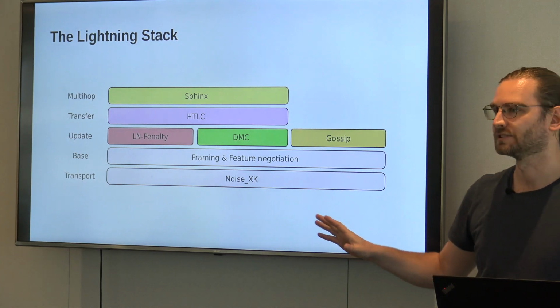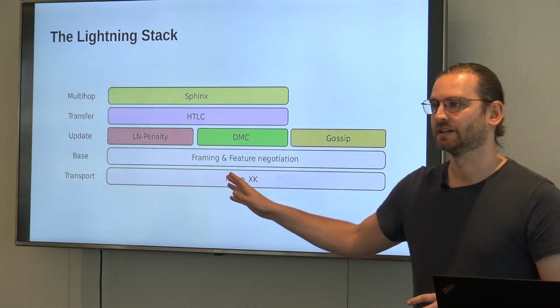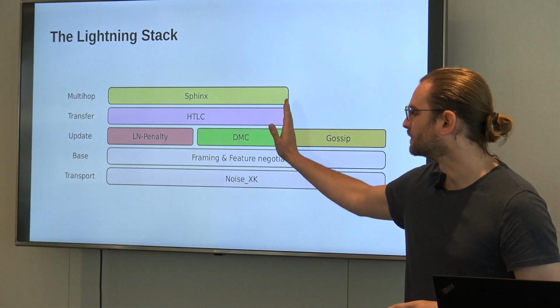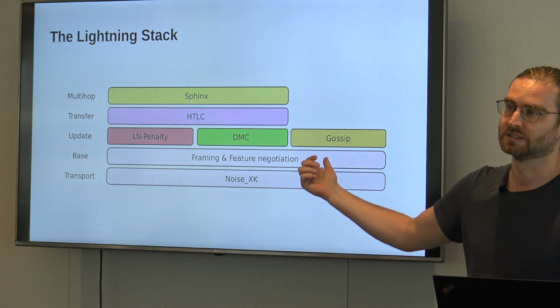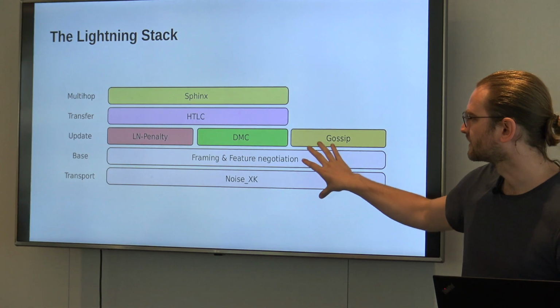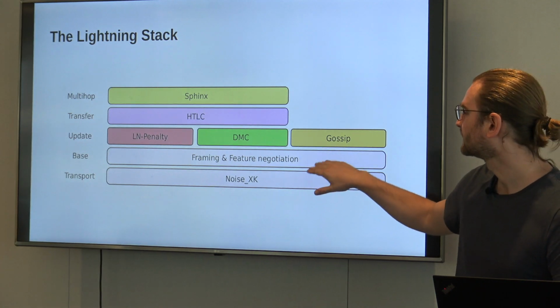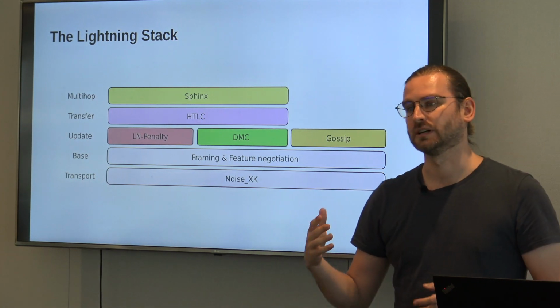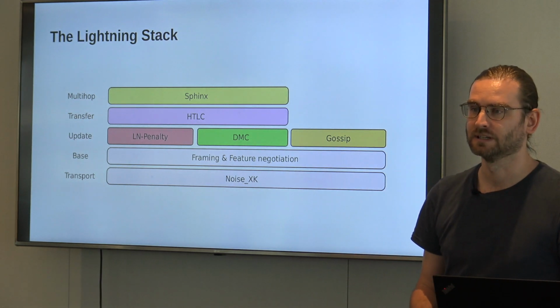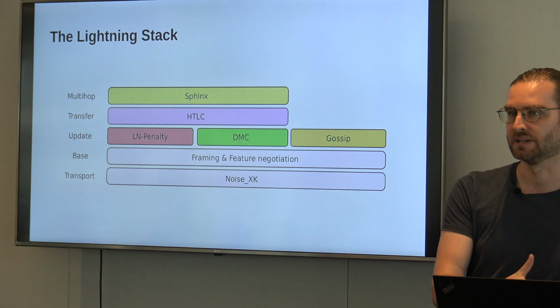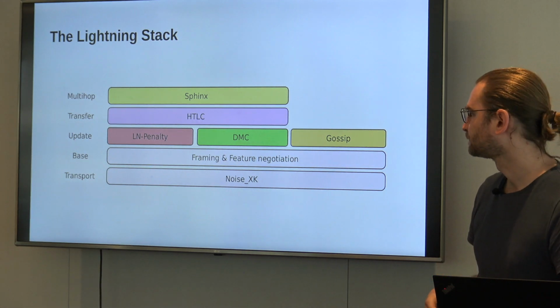It's really orthogonal to the rest of the negotiation part, but it's really useful for us. It's also transported in the base layer, but we use it for updating our routing table and how we update your view of the topology.